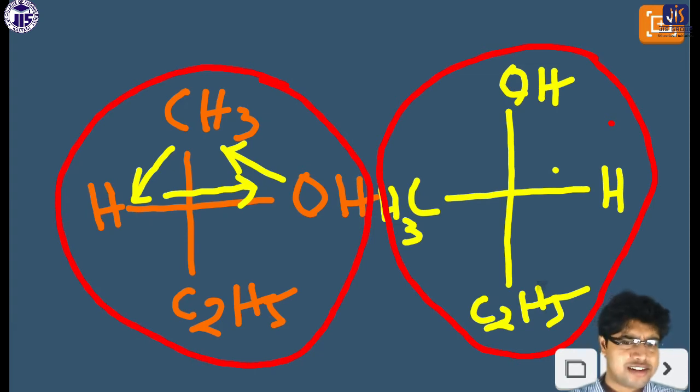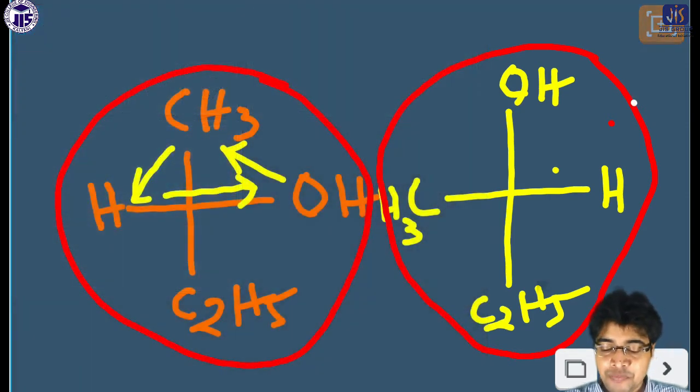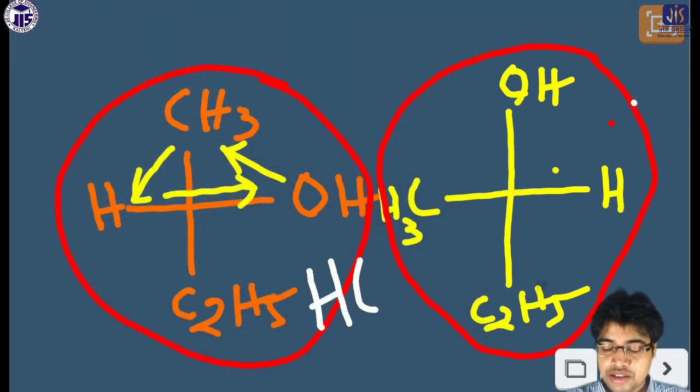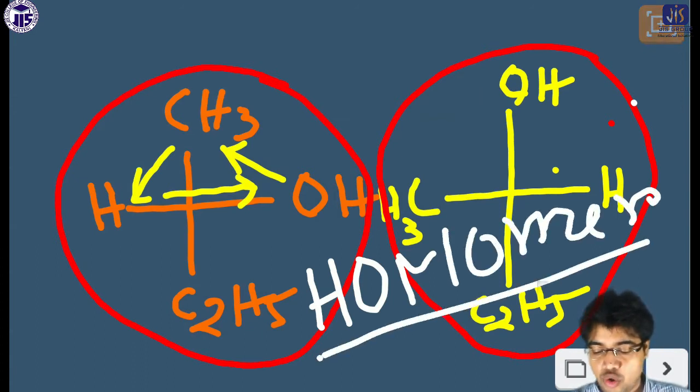Yes, the answer will be homomer. They are actually homomers because I told you this is the same compound. When they are the same compound, these are homomers. Why homomer? Because these are actually the same compound. So if they are the same compound, obviously you have to consider them as homomers.